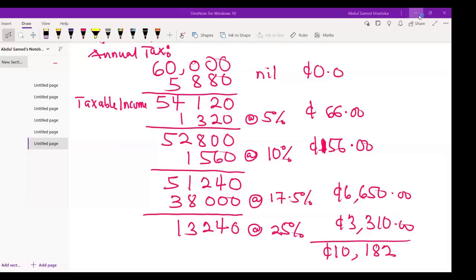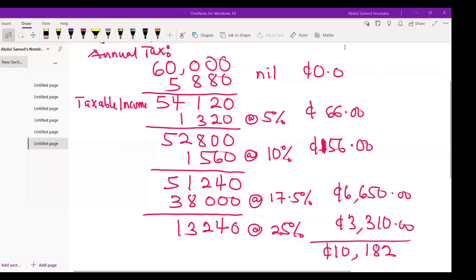I added it with a calculator here. So check your figures. It's 66 plus 156. If you forget and you make it 56, you are going to have your answer being 100 less.